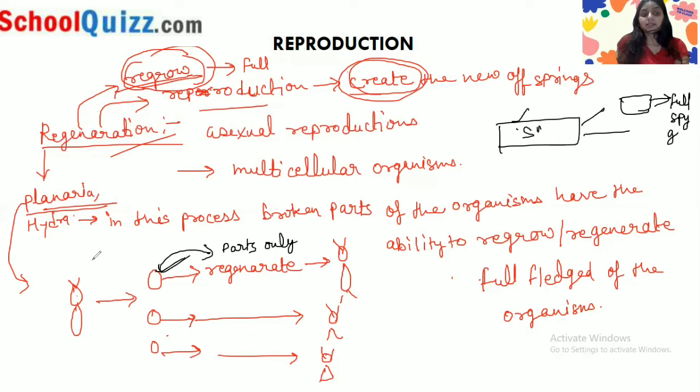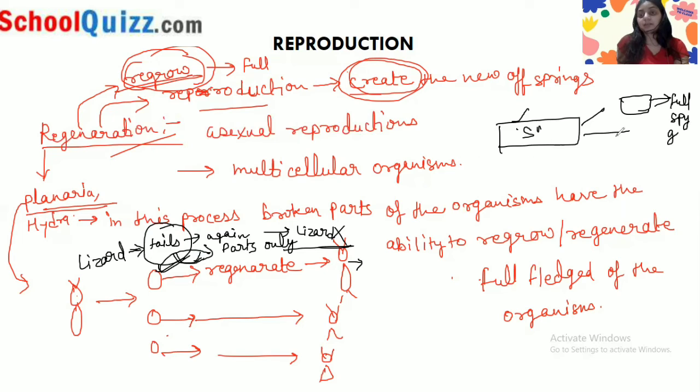Let's say a lizard. You have seen that sometimes a lizard loses its tail. After some time the tail comes back. So what is happening here? The tail is a part of the lizard, and the tail is regenerating and regrowing, but not the whole lizard. In some organisms, the whole body regrows or regenerates.